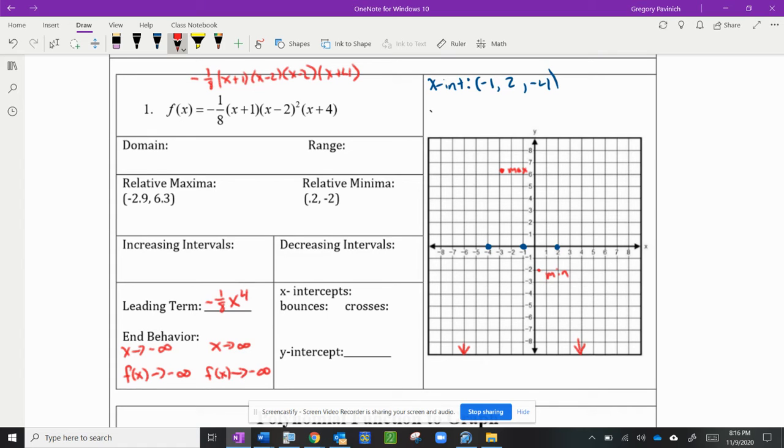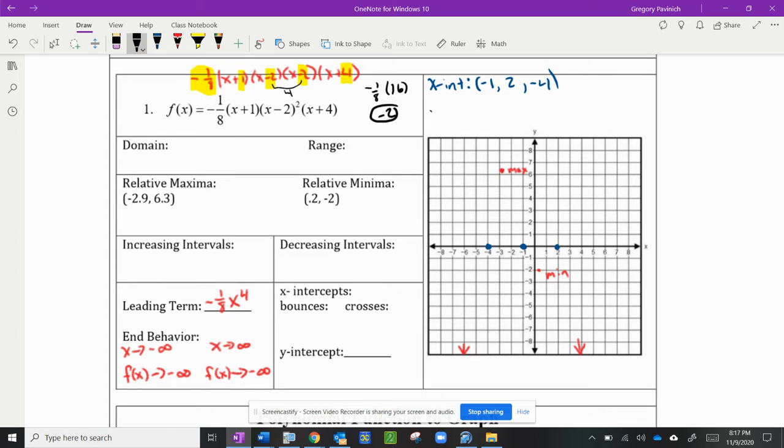The next thing I'm going to do is find my y-intercept, which is found by multiplying all my lasts. So I have 4 times -2 times -2 times 1, and then the scalar multiplier of -1/8. The 4 times 4 is 16, times 1, so 16 times -1/8. 16 divided by 8 is 2, and this would be a -2.